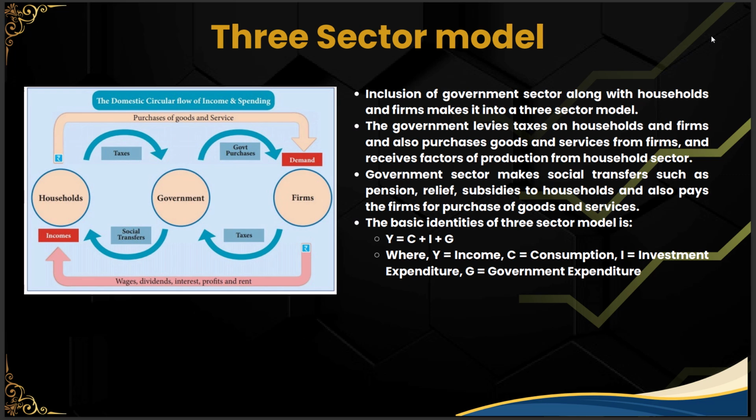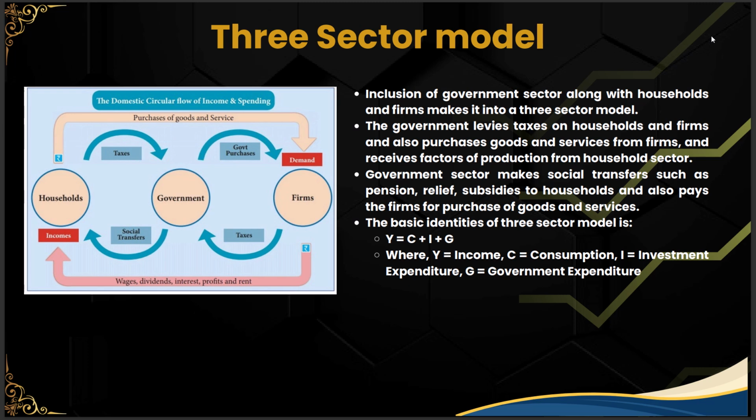This is what a three-sector model does. We could say that even in ancient days something like this might have been followed, because during that phase the external sector was not very significant in many societies.